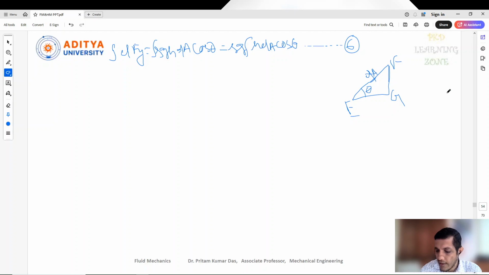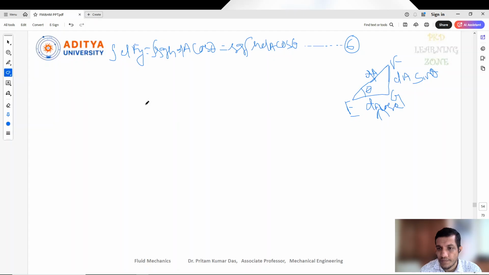This is a curved surface, let's consider it. So this will be our dA sine theta, and this will be our dA cos theta. This is the triangle we can get from that.